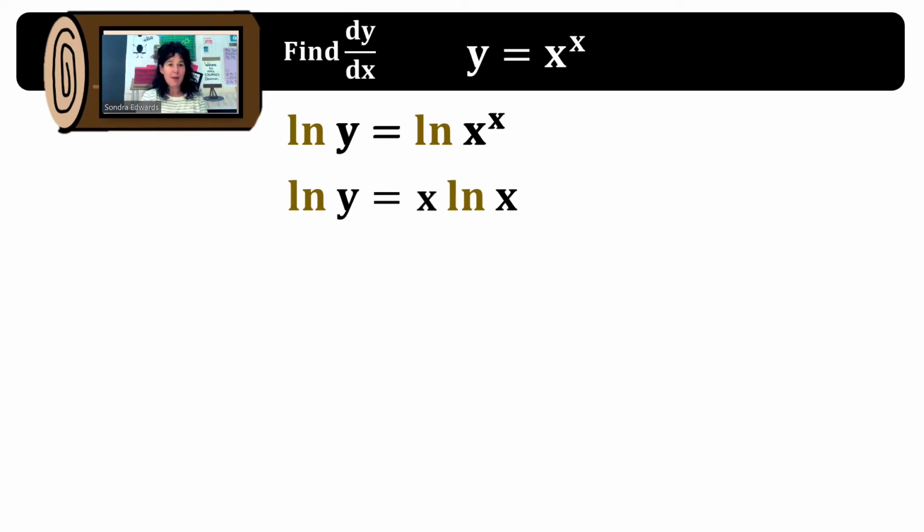So a couple of reminders, because you have implicit differentiation here. If you were finding the derivative of x squared, that'd be 2x. But if you were finding the derivative of y squared, that would be 2y, y prime. If you were finding the derivative of x to the fifth, it would be 5x to the fourth. The derivative of y to the fifth would be 5y to the fourth.